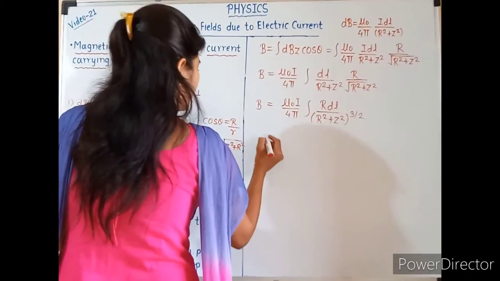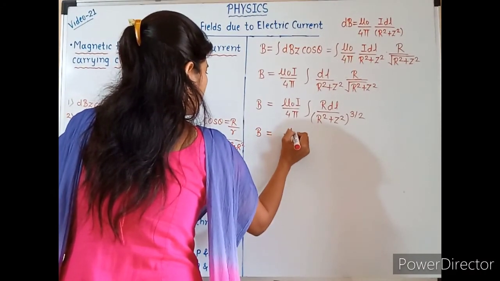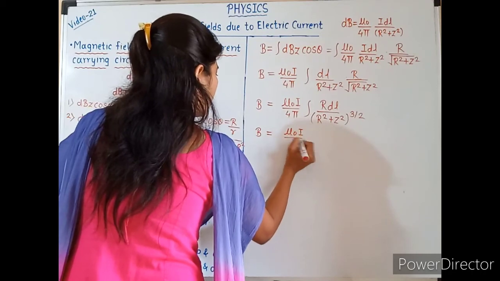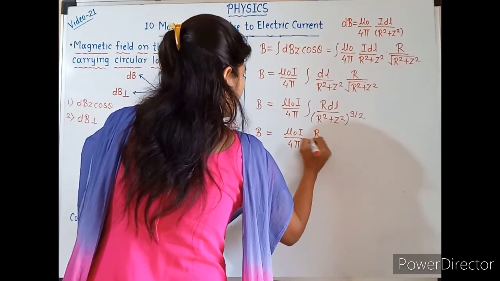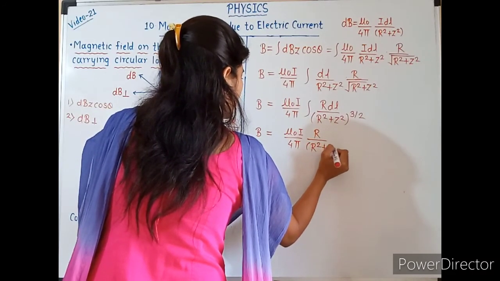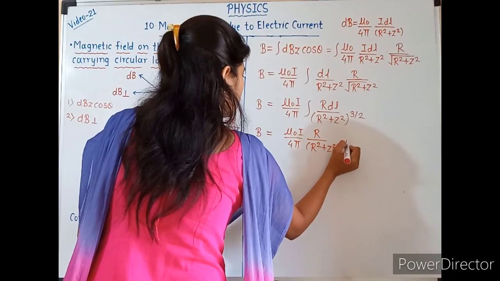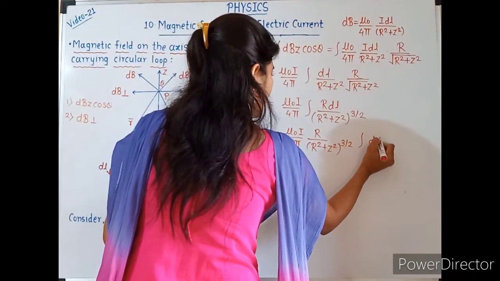So taking it outside the integration sign, we get magnetic field B is equal to mu 0 I upon 4 pi R upon R square plus z square raised to 3 by 2 integration of dl.